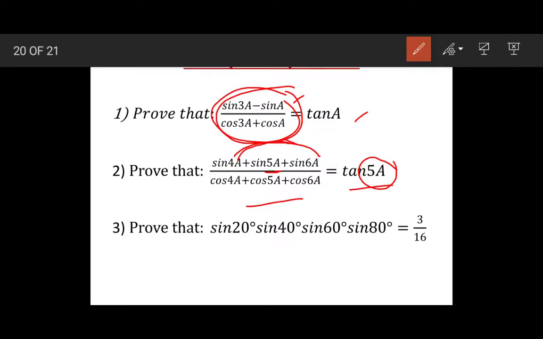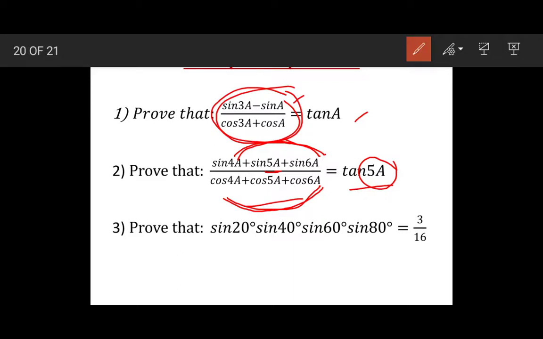So we are making a pair of sin 4a plus sin 6a, and we will use the sin C plus sin D formula. Similarly, in the denominator we will make a pair of cos 4a plus cos 6a, 10a upon 2 is 5a, and use the cos C plus cos D formula.